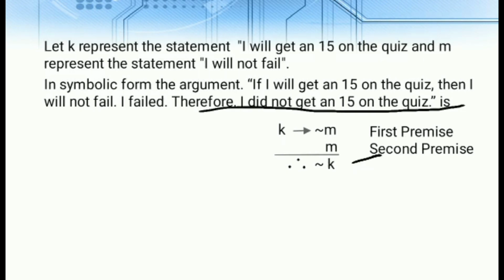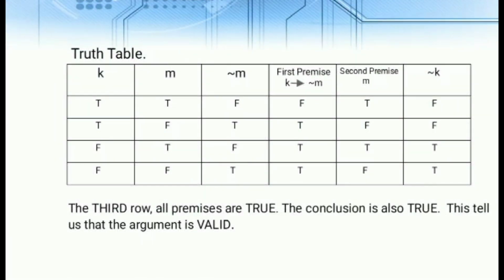So we have here the negation of K, because I did not get a 15 in the quiz. Here we have the truth table to determine if it is valid or invalid.